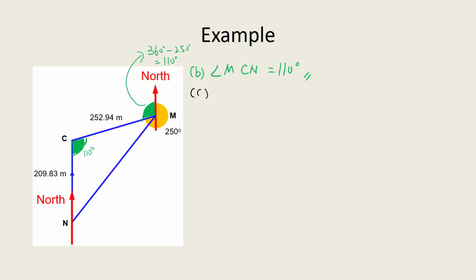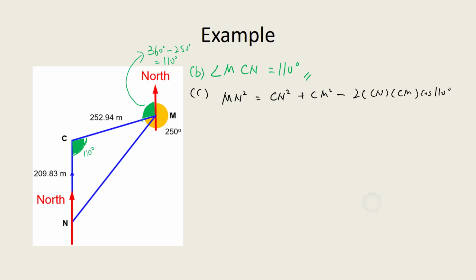Last thing we need to find is the distance MN. Quite obviously, we know CN already. We know CM already. We also know the included angle. So we can easily use the cosine rule to find this MN. MN squared will be equal to CN squared plus CM squared minus 2 CN CM cosine of the included angle, that's 110 degrees.